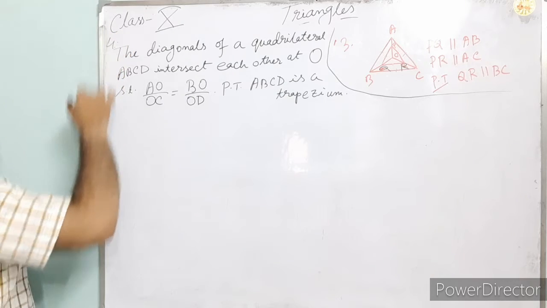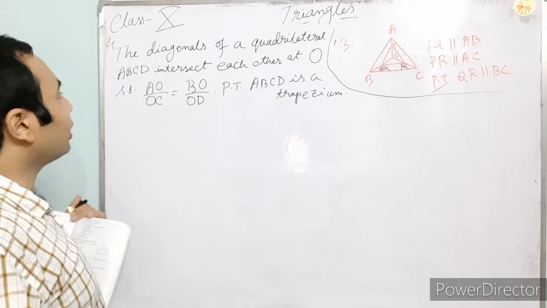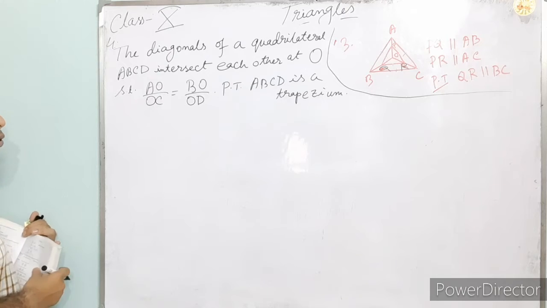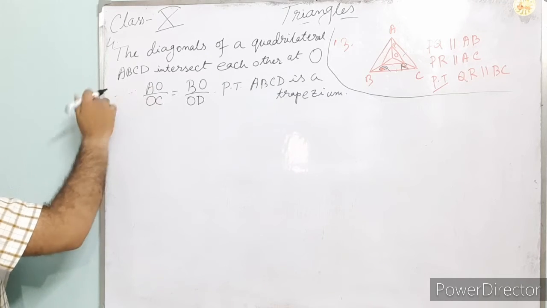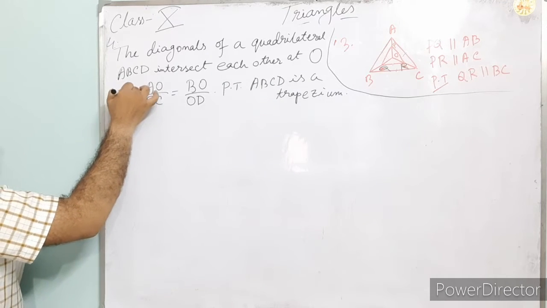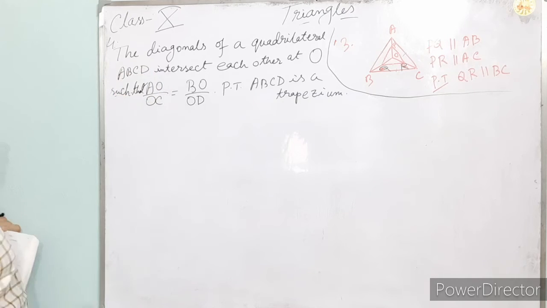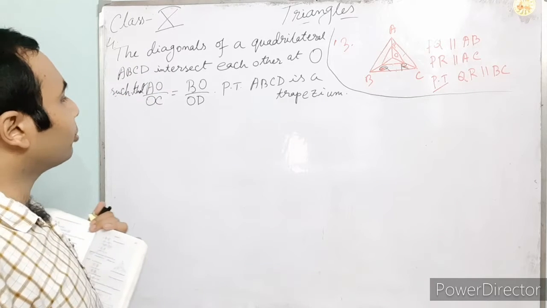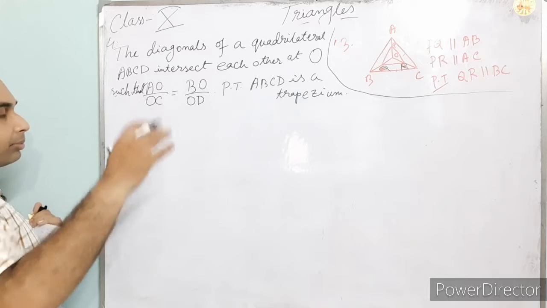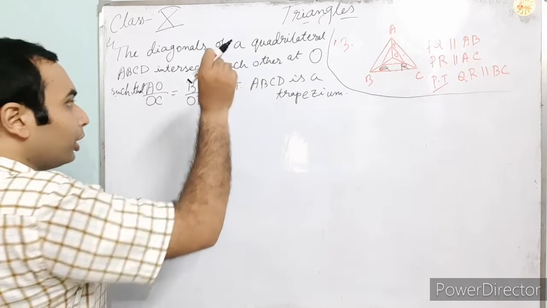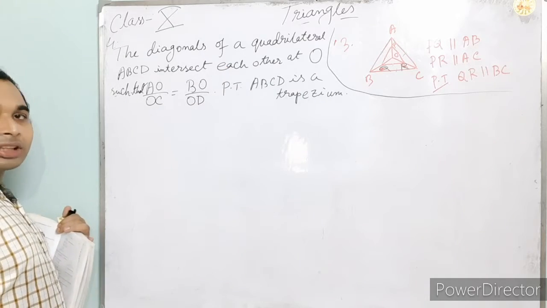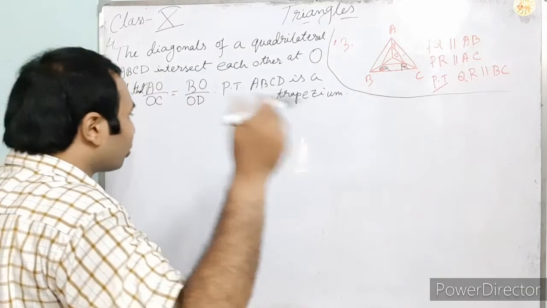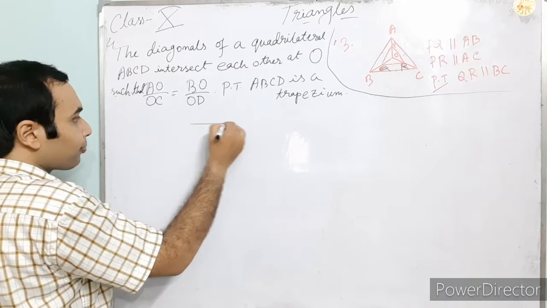Now let us do this one. Number 4. The diagonals of a quadrilateral ABCD intersect each other at O such that AO by OC equals BO by OD. Prove that ABCD is a trapezium. So when you have to prove ABCD is a trapezium, let us draw it at first.